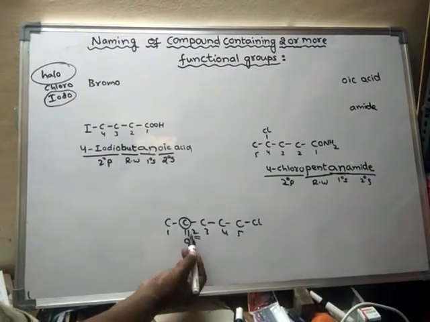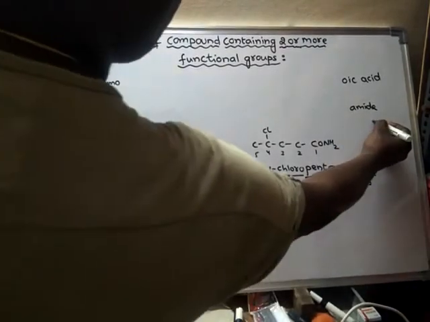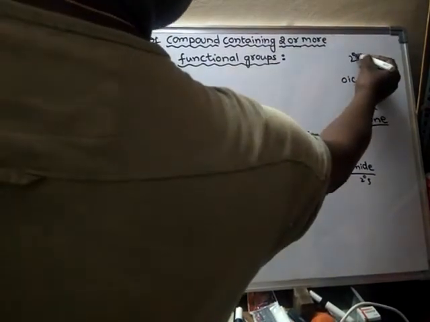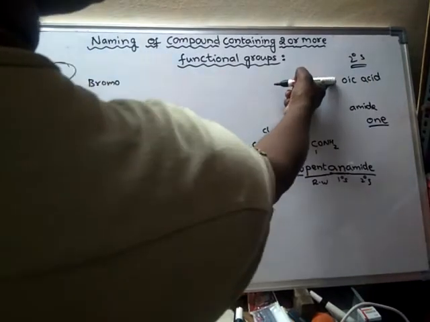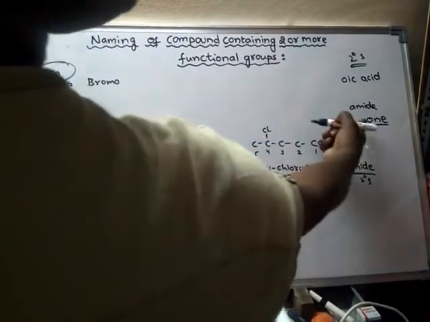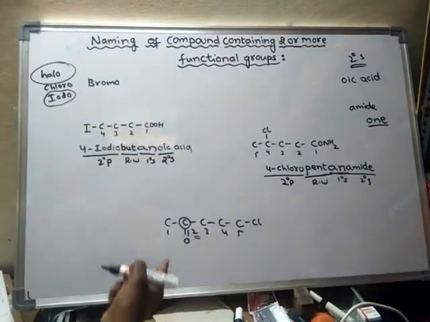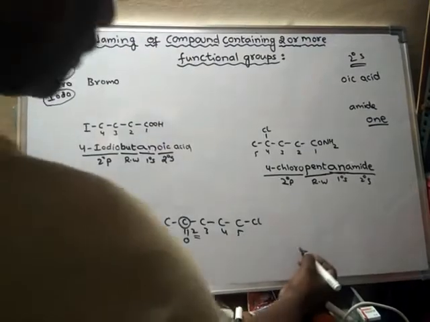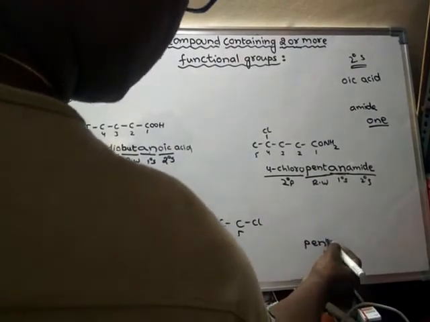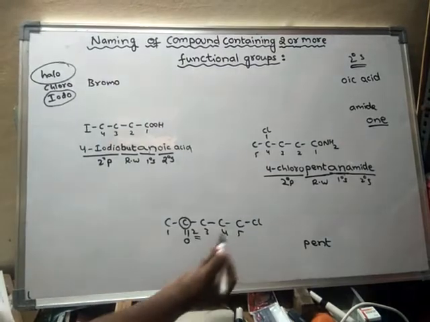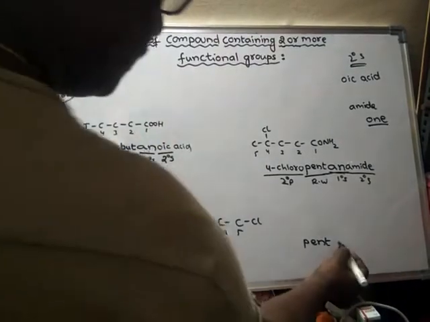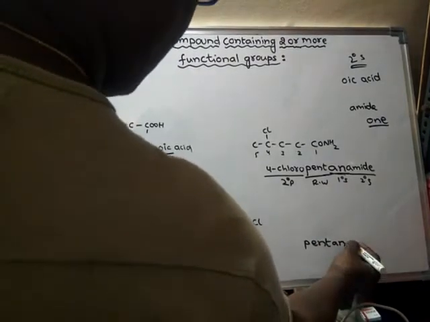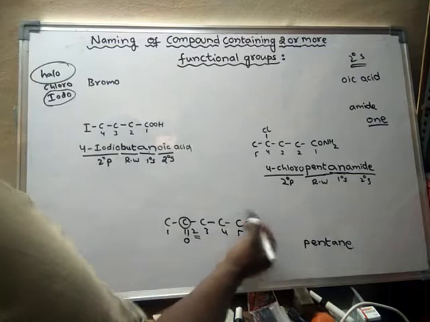On the second carbon, ketone is present. For ketone we have to use on as the secondary suffix. So these are the secondary suffix names for carboxylic acid, for amide, and for ketone. So ketone, on is present. How many carbons are there altogether? 5 carbons. 5 carbons means pent. Between carbon atoms only single bonds are there, ane. Pentane. Now there is a substituent.